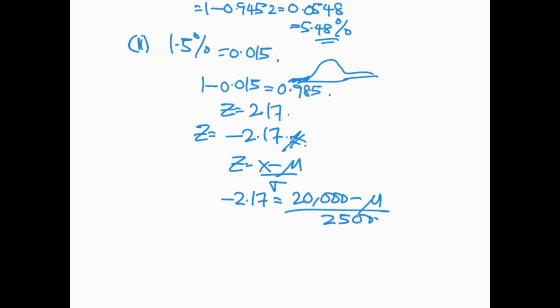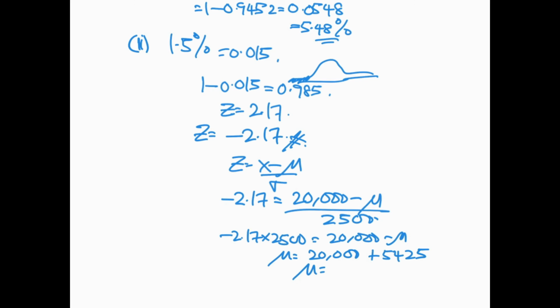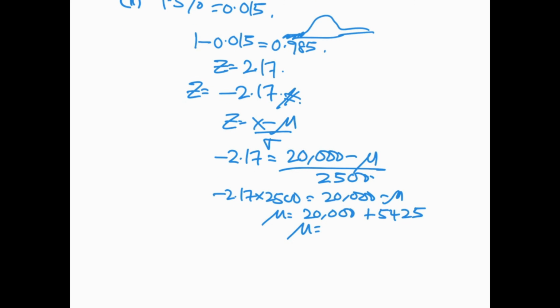So 2,500 times negative 2.17 equals 20,000 minus mu. Negative 2.17 times 2,500 is 5,425. So the mean, mu, is 25,425.